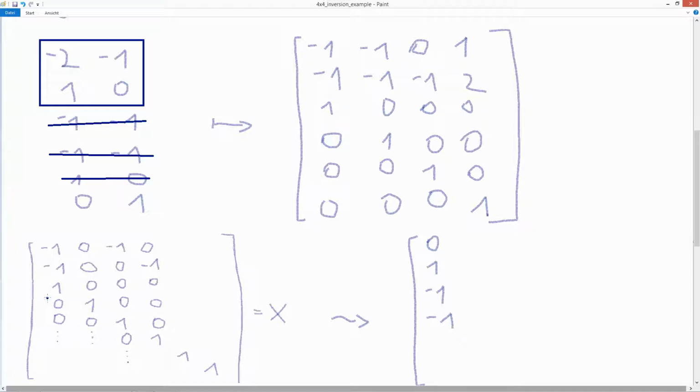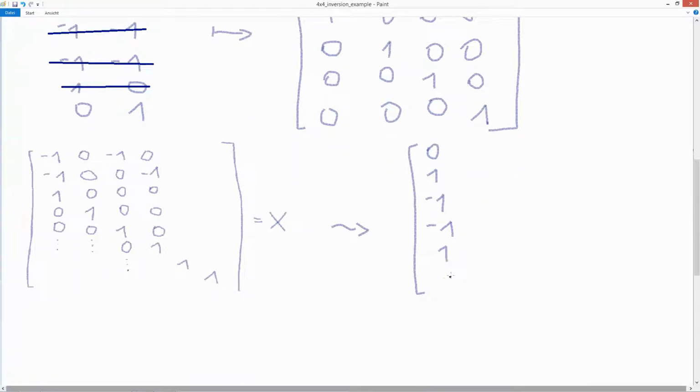And here we have -1 times 0, -1 times 0, and 1 times 1 is 1. And all other entries are 0. So 0, 0, and 0.